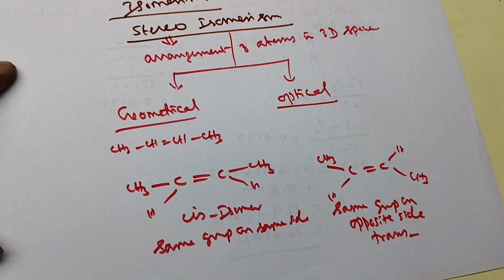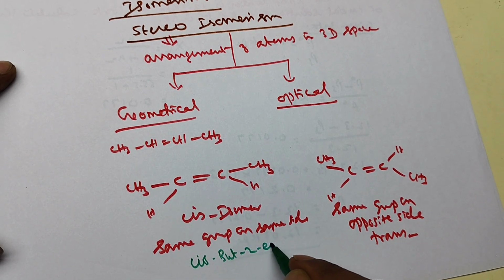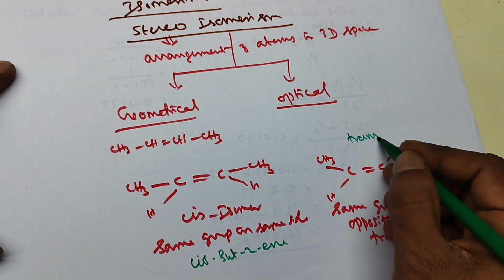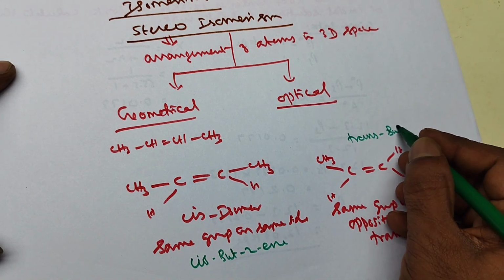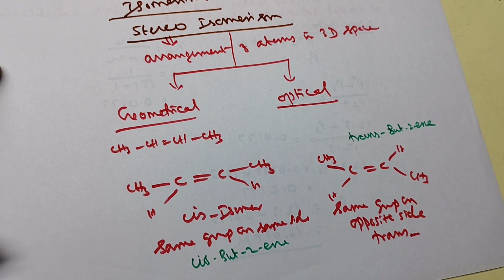What is the name of this compound? It has four carbons and a double bond at the second position, so it is 2-butene. Cis-2-butene here, and trans-2-butene here. This is an example of geometrical isomerism.